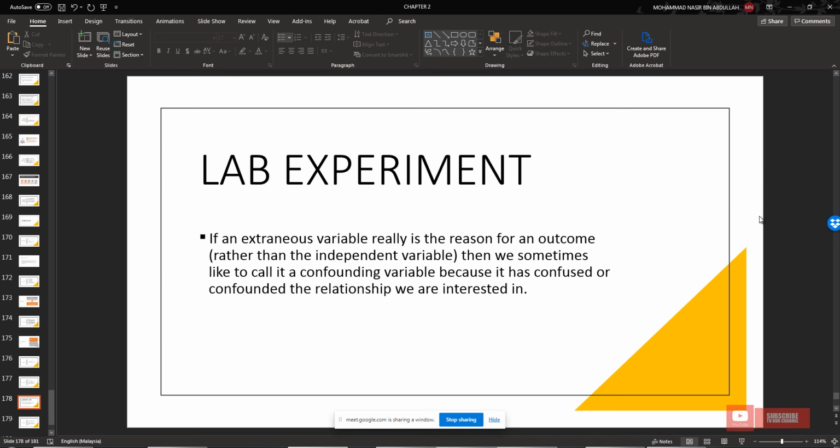For example, let's say work stress, right? When you are stressed, it might contribute to heart disease. It also might contribute to the person smoking, right? So in this situation, the third variable, which is stress, is called a confounding variable or extraneous variable, right?